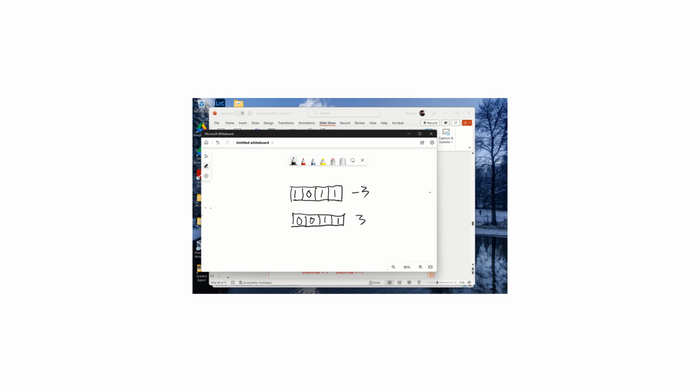Let's see whether that's 0 or not. 1 plus 1 is 0, you carry 1 over. 1 plus 1, 0, plus 1, you get 1. You carry 1 over. And then you get 1, and then you get 1. And this is not 0. So that's not the right way to represent negative 3.